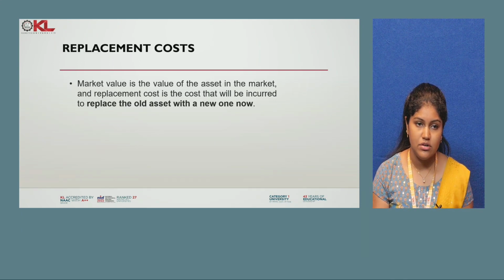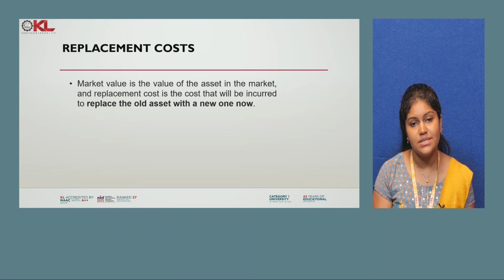Then replacement cost. Market value is the value of the asset in the market, and replacement cost is the cost that will be incurred to replace the old assets with a new one now. There will be a market value for a particular equipment. If we want to replace that equipment, based on the market value, we have to replace the old equipment and purchase a new one.